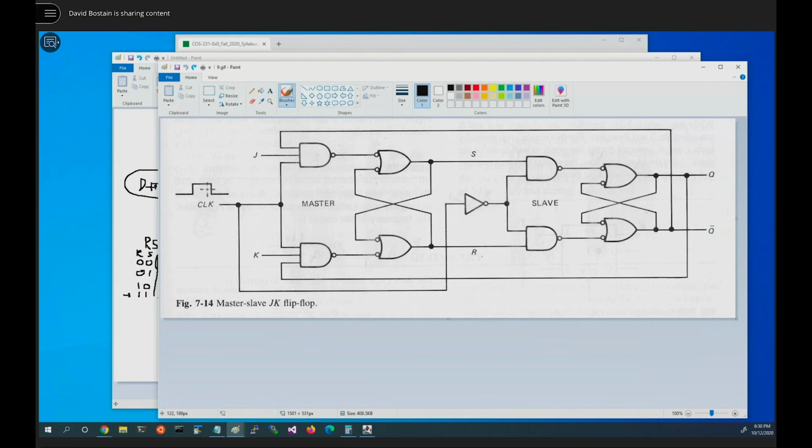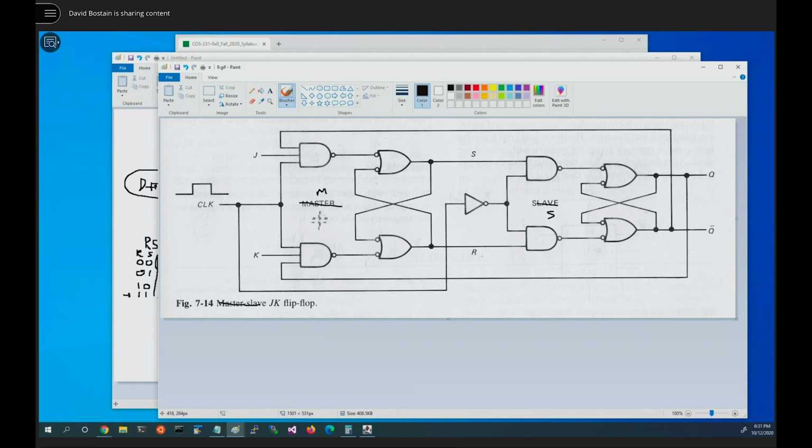The amount of time it's high is when we're going to make the latches in the system enabled, at least the ones that are in the sphere of influence of this particular clock. Now, we have two parts to this. We're going to call them M and S, because this is an MS flip-flop.